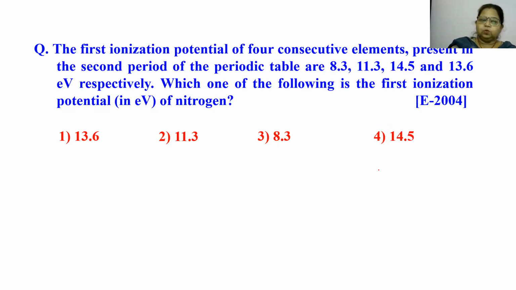If that is clear, let's do one more question before we wind up the class. Just recall what the trend of ionization potential in the period is, and whether there is any exception.